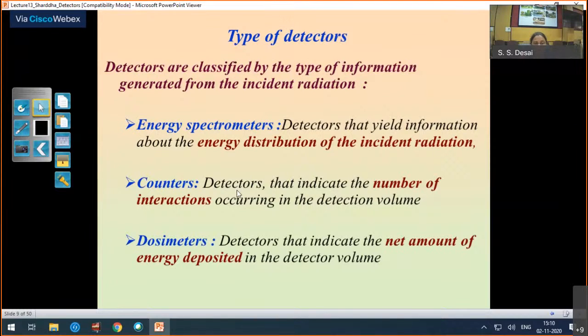Counters count only the number of interactions, or the number of incoming radiations falling on the detector, whereas dosimeters, which are mostly used for health physics and other experimental purposes, give the total net amount of energy deposited in the detector volume. For example, if you would like to find how radiation affects human tissue, the detector material will be tissue-equivalent material, and we can directly get the net amount of energy deposited in the human body itself. Such detectors are called dosimeters.